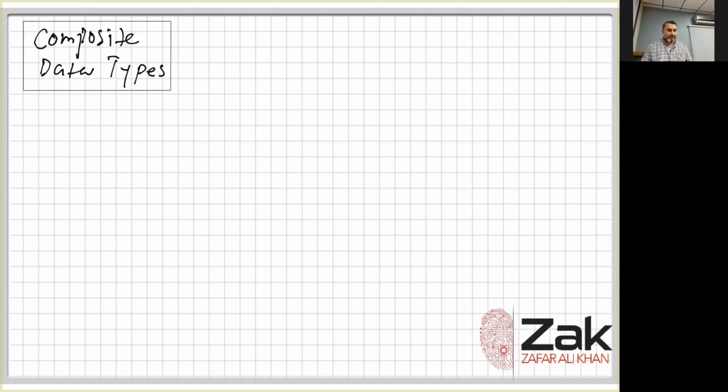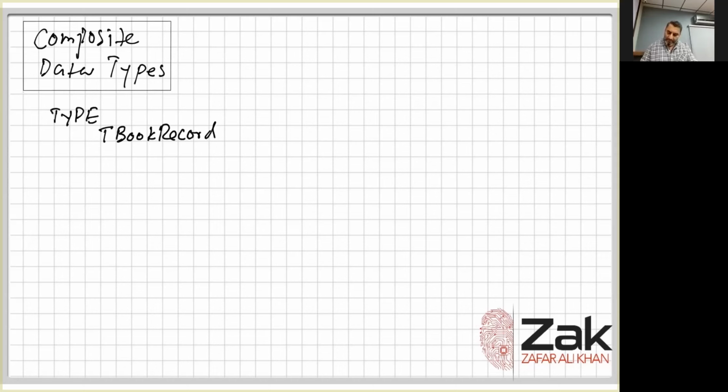So let's have one. This is exactly the way we did earlier. Let's say we are going to form a record type. So type book record.